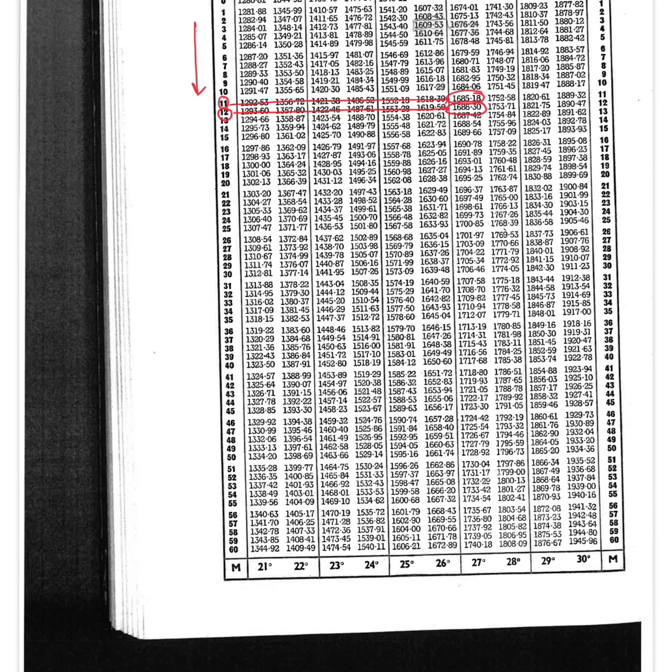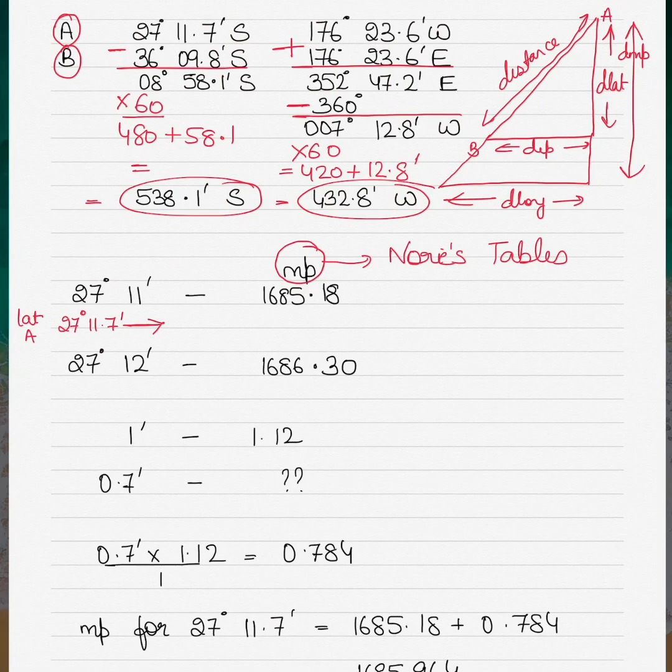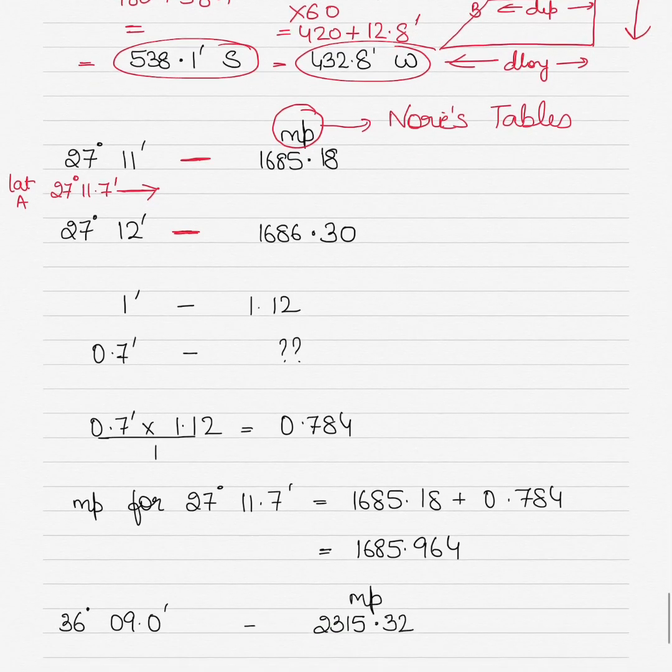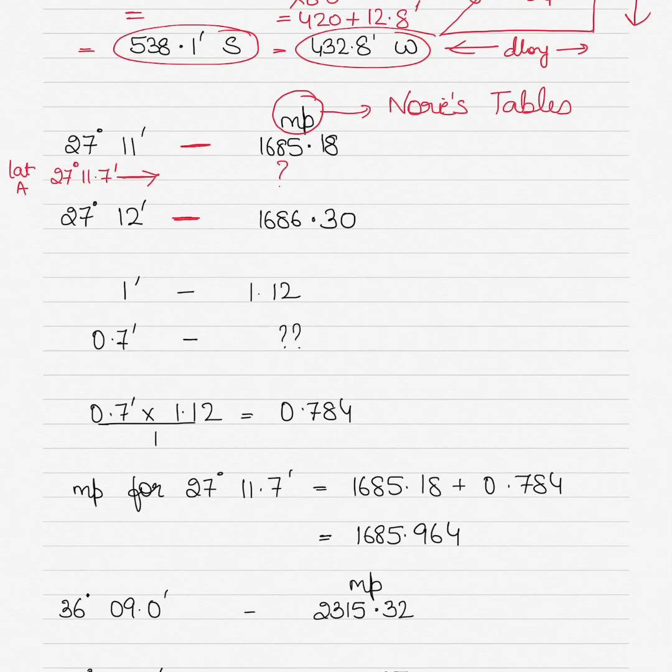Alright, so once you understood how I got the values, go back to the calculation here, and you can see these are the values I got from the tables for 27 degrees 11 minutes and 27 degrees 12 minutes. So I'll have to do some interpolation to find the value for 27 degrees 11.7 minutes.